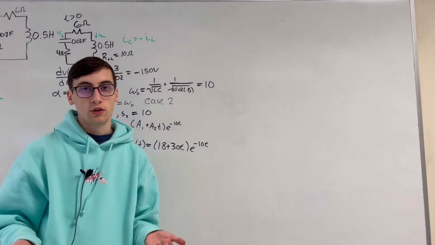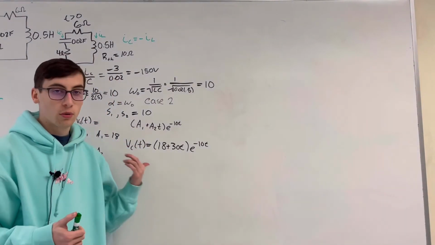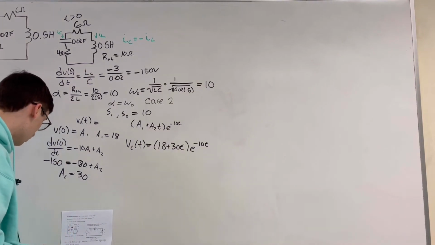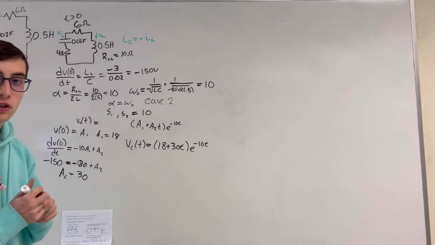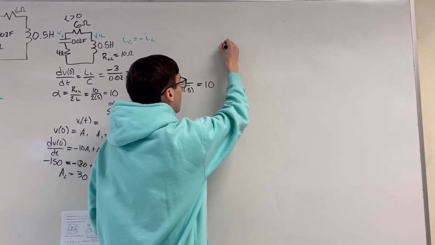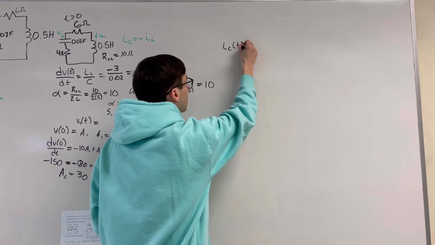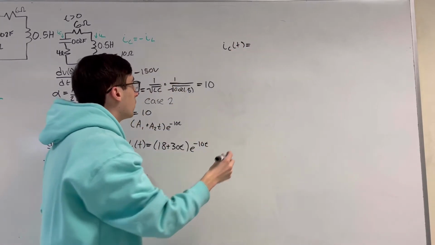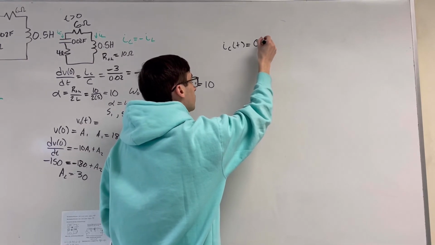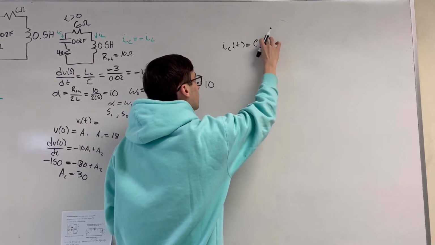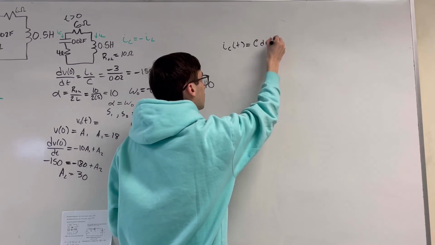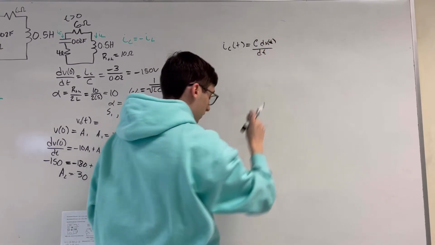Just a quick thing to mention, if our problem was asking for find IC, it's pretty simple. We just use last chapter's formula that IC of t is going to be equal to the capacitance times the derivative of Vc of t over dt.